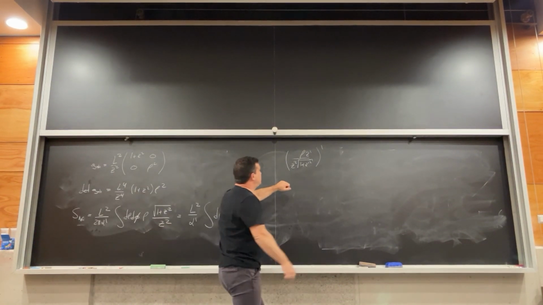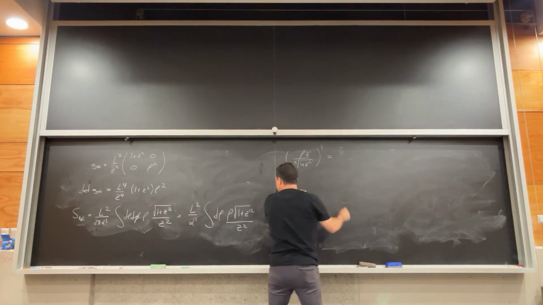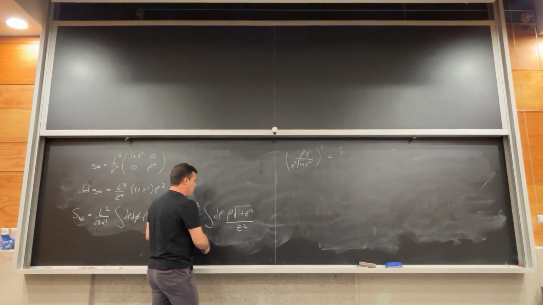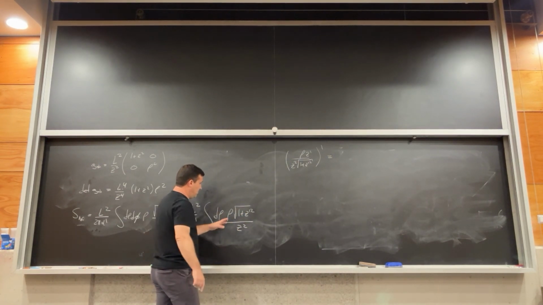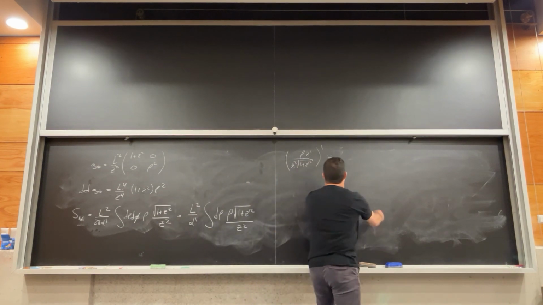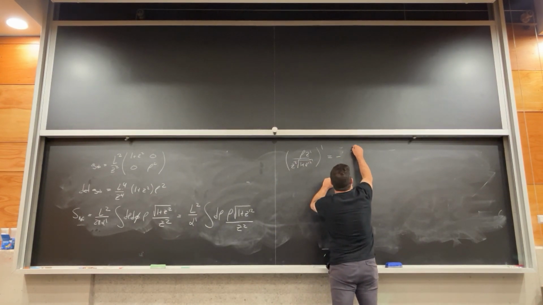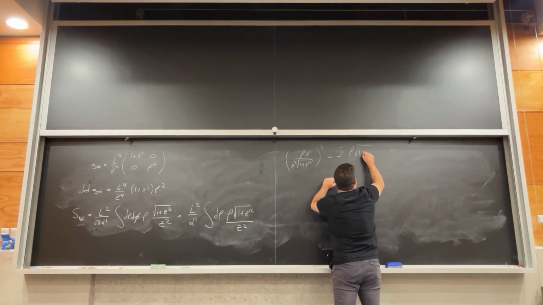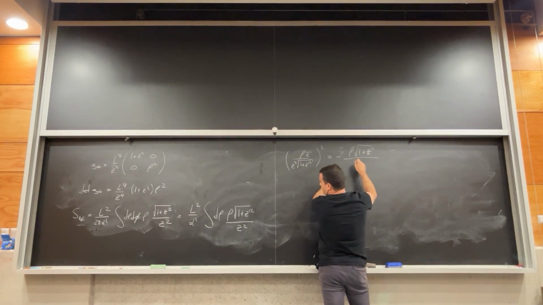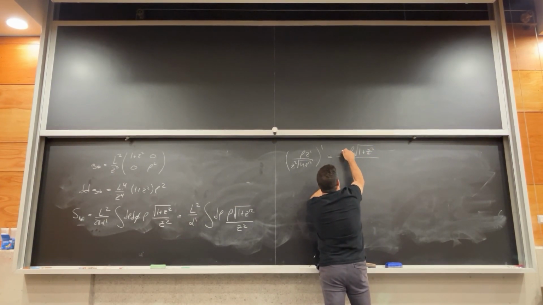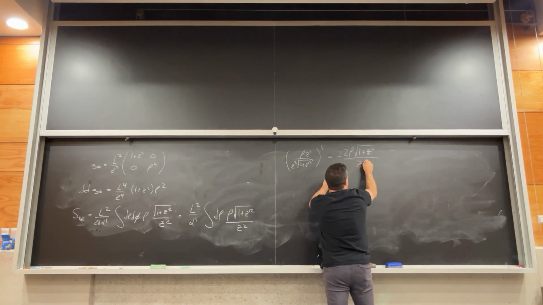And then this is equal to the derivative of this guy with respect to z. So I get minus rho square root of 1 plus z squared divided by, let's get 2 here, z cubed.